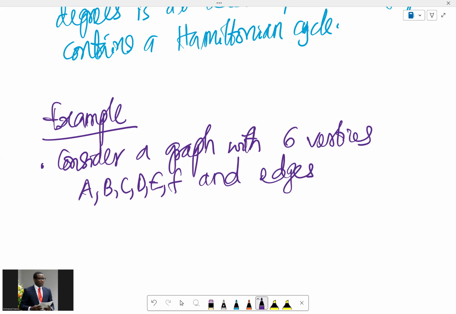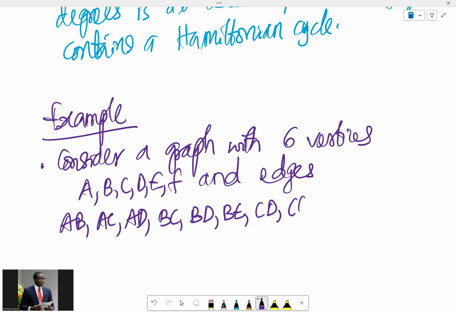The edges are AB, AC, AD, BC, BD, BE, CD, CE, and DF. So again: AB, AC, AD, BC, BD, BE, CD, CE, and DF.